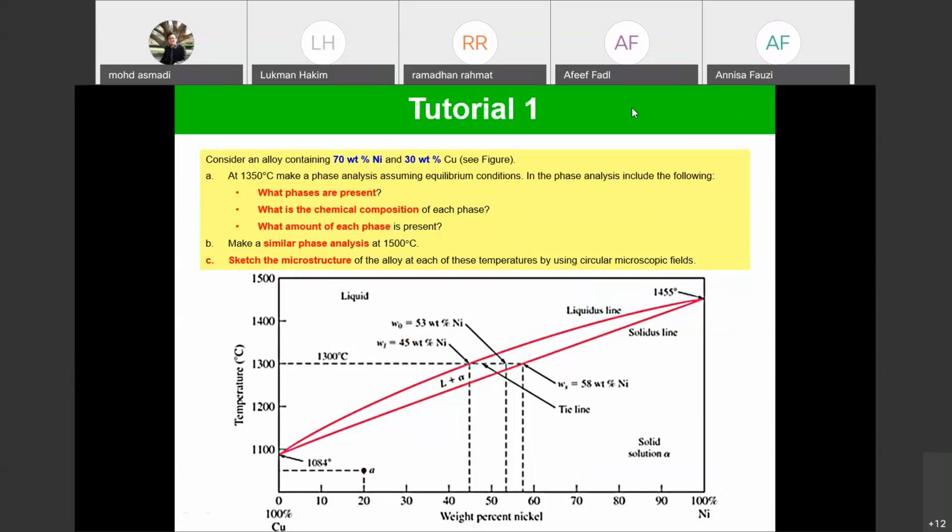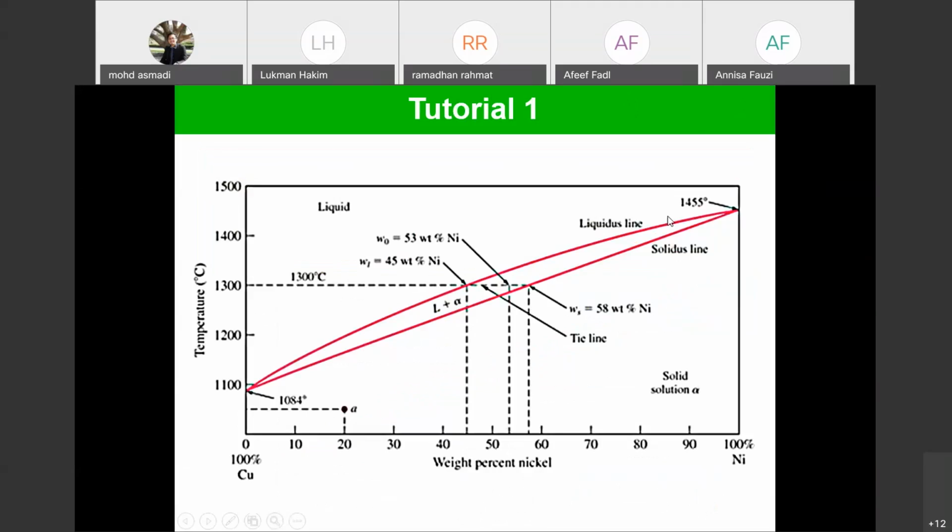Okay, so no question, I think it's clear. Maybe today we discuss just some part of the eutectic phase, around 30 minutes, or just 1 hour, because actually it's beyond our schedule. So let's move on.